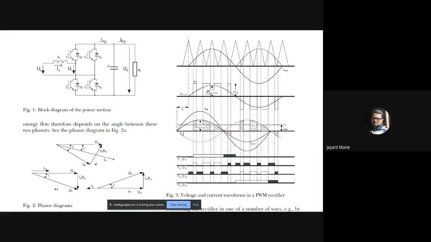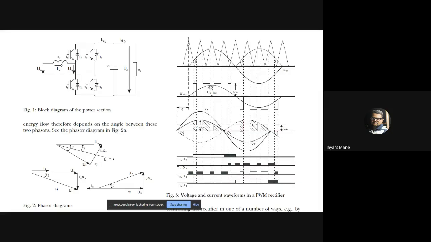So after filtering, okay, still a capacitor filter is connected here, but it is a smaller filter now. And these devices are fully controlled devices. So in a period of half cycle, you can see this half cycle period, they are turned on and off multiple times. That is the pulse width modulation. So to turn them on and off multiple times, we have to apply and remove gate pulses multiple times.